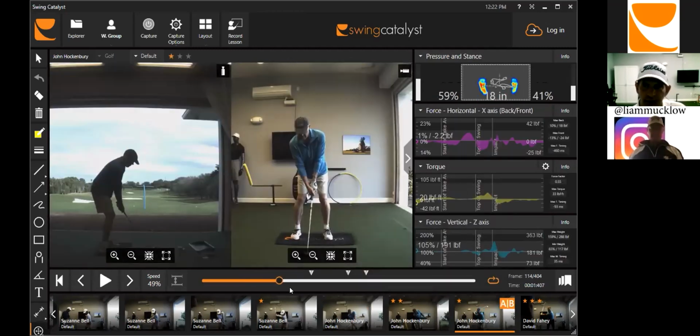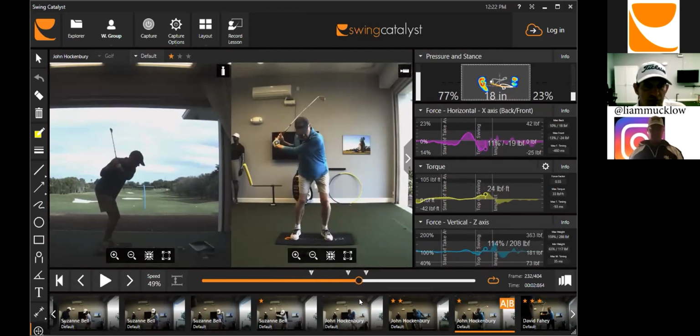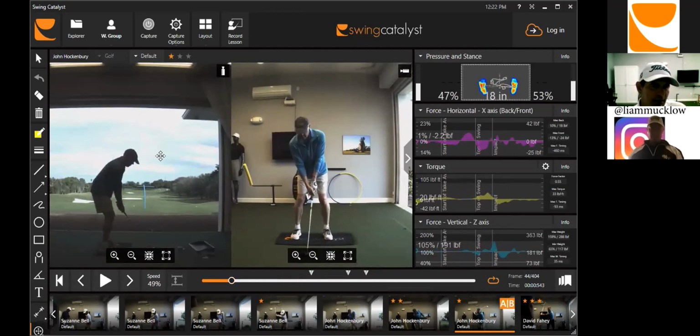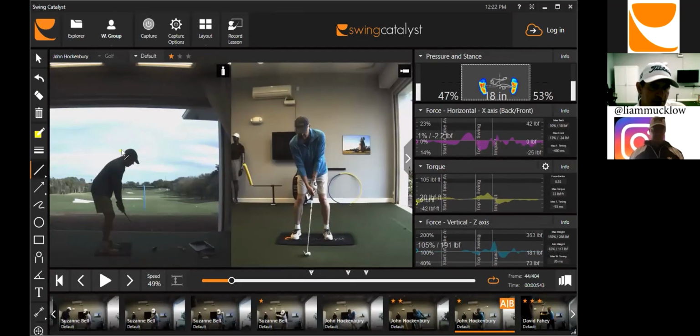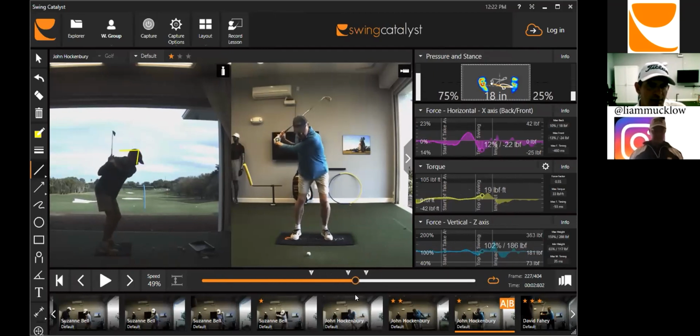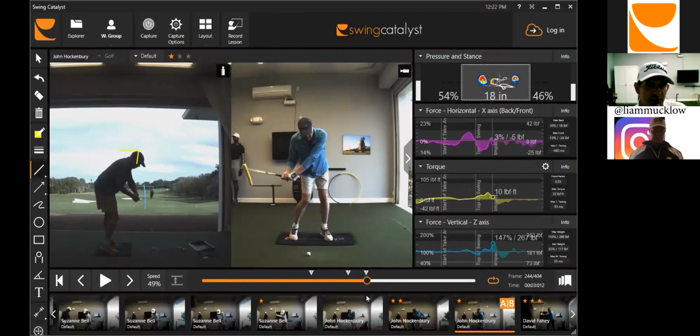Like we did early on. So with him moving so much out to the ball, and obviously we use some of our drawing tools here that are fantastic with Swing Cat, it doesn't take much for him to see, whoa, where am I going? And how am I going to make a golf club swing from the inside if my head's getting over the ball?